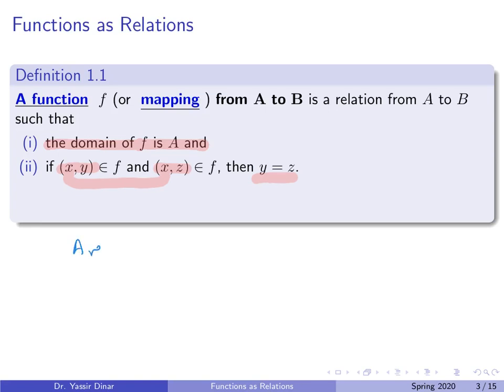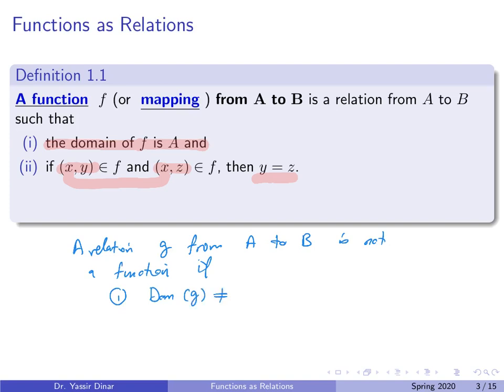That means a relation G from a set A to a set B is not a function if one of these conditions fails. Either the domain of this relation G is not all of A, or the second condition fails: I can find two pairs in the relation where they have the same first coordinates, but the second coordinates are not equal.